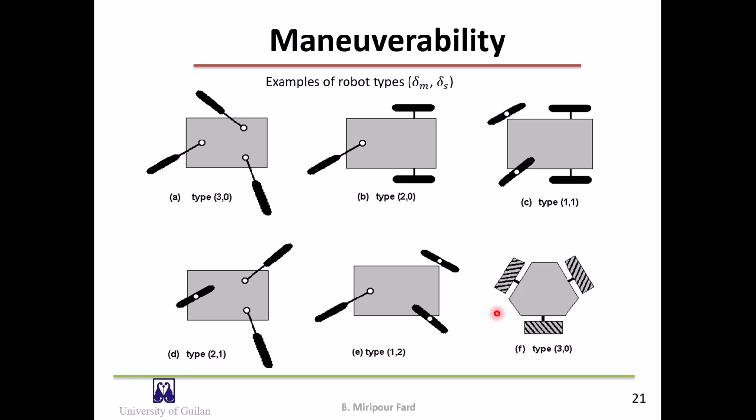In figure F, all the wheels are mecanum wheels, so they don't impose constraints on the degree of mobility, so the degree of mobility is 3. And there is also no steerable wheel, so the type of robot is 3, 0.